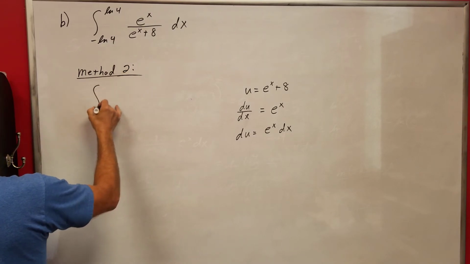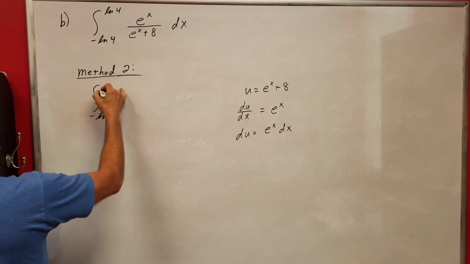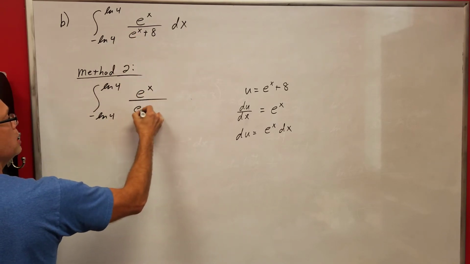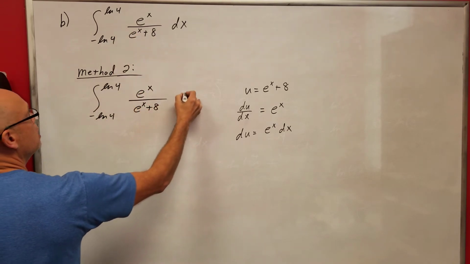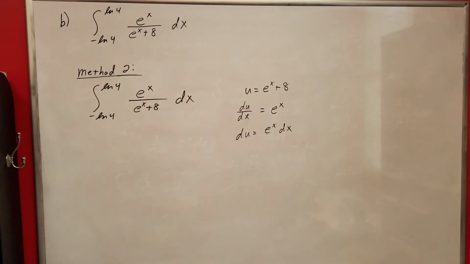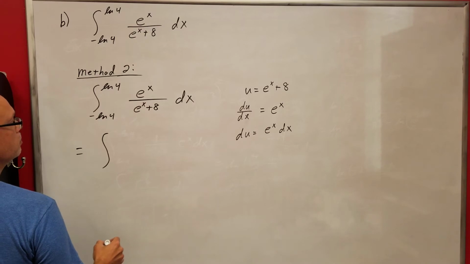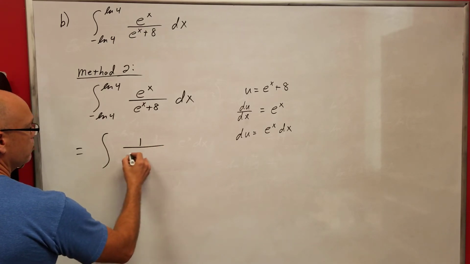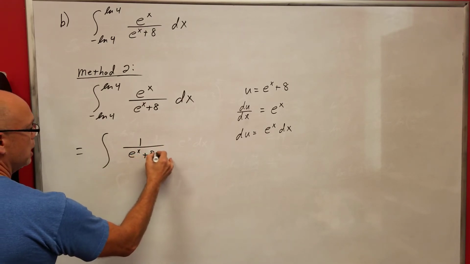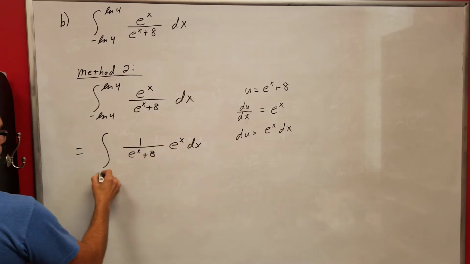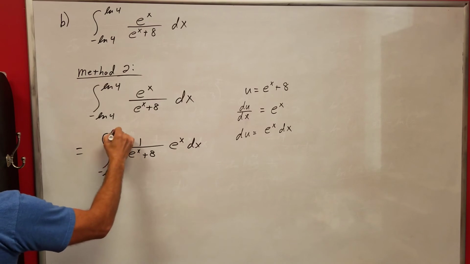I'm going to have the integral from negative natural log of 4 to natural log of 4 of e to the x over e to the x plus 8 dx. All right, so we're going to rewrite this as 1 over e to the x plus 8 times e to the x dx from negative natural log of 4 to natural log of 4.